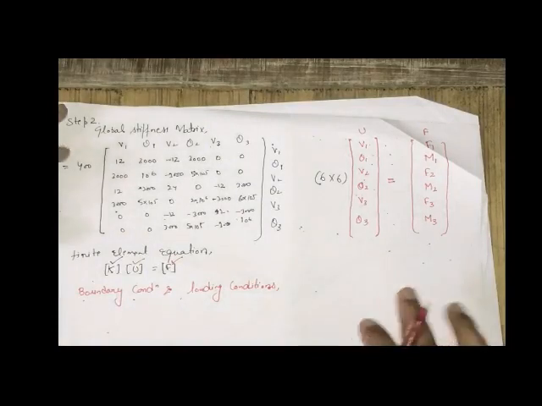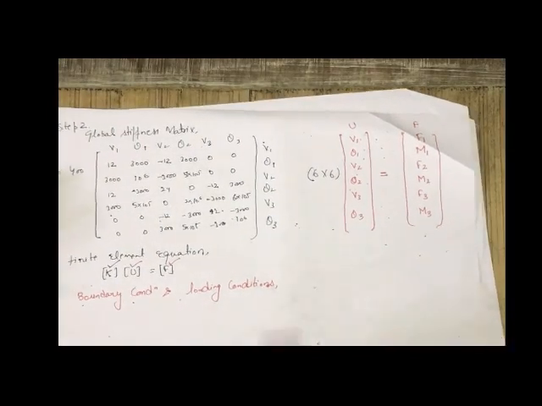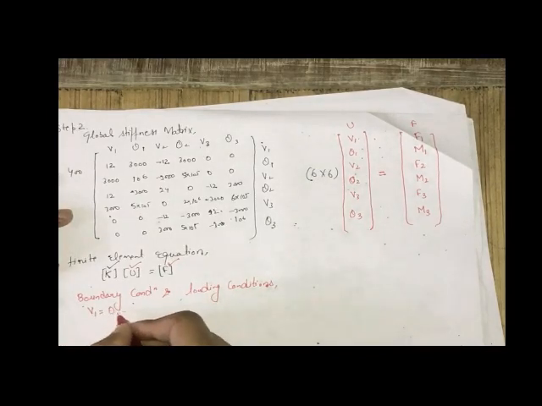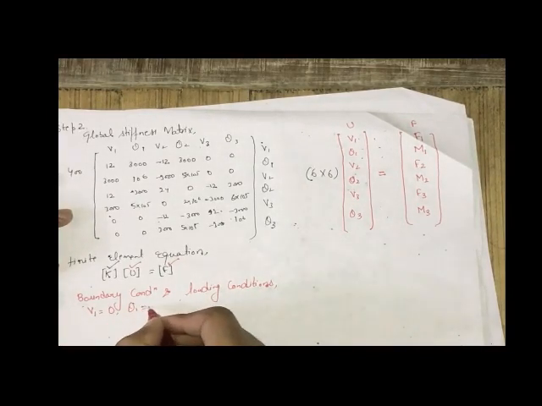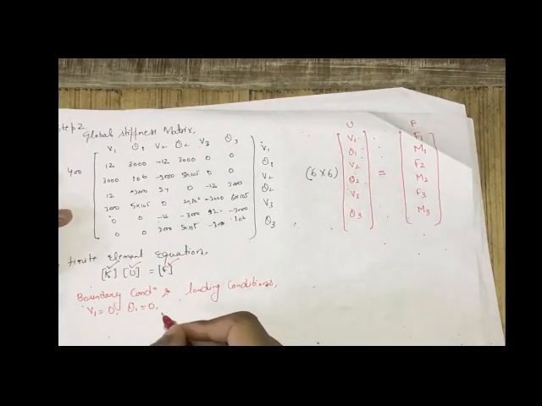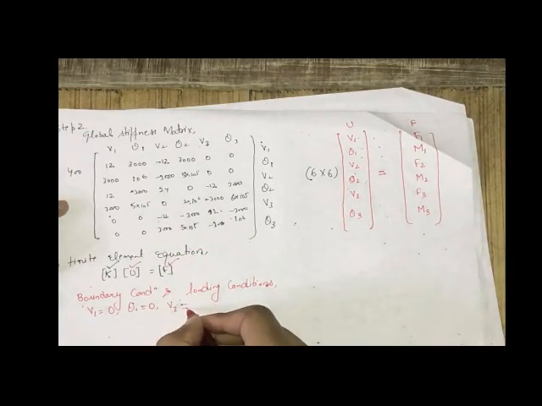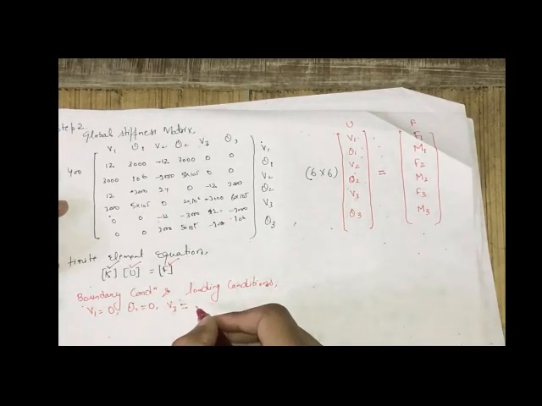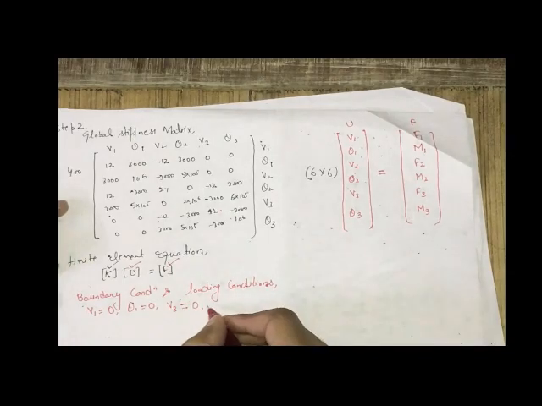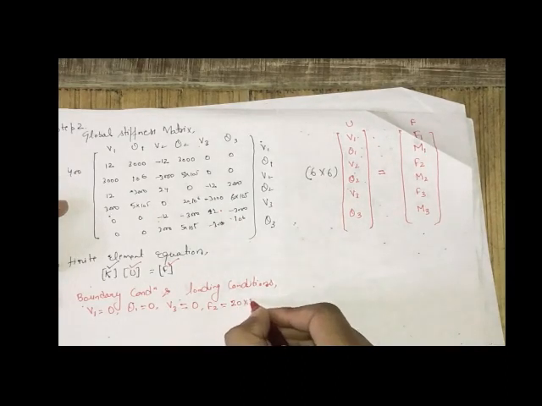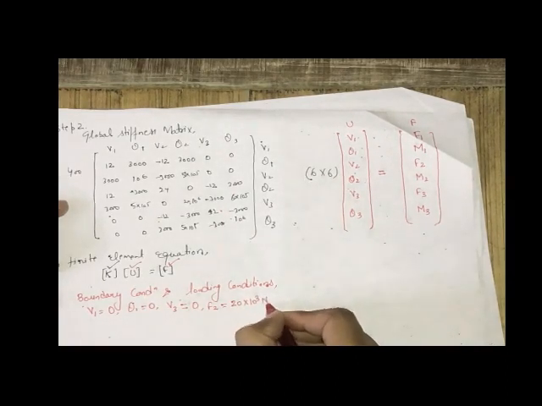In this problem, now I will write the boundary condition, that is v1 equal to 0, theta 1 equal to 0, and next is v3, vertical deformation at the node 3 is also 0, and F2, that is here 20, I think 20 into 10 power 3 Newton.